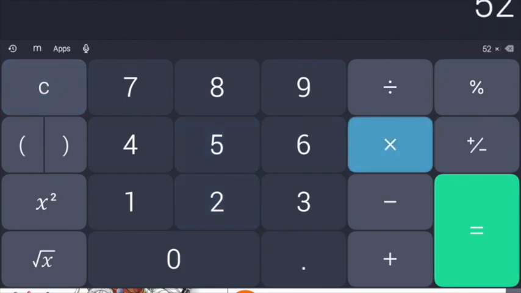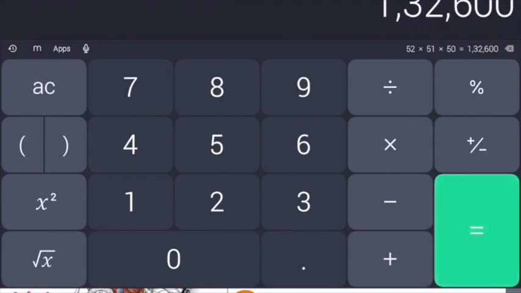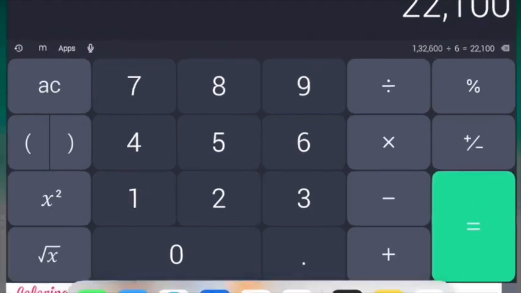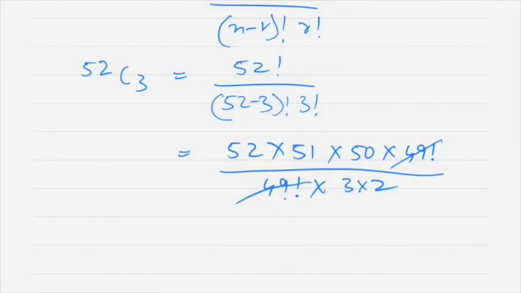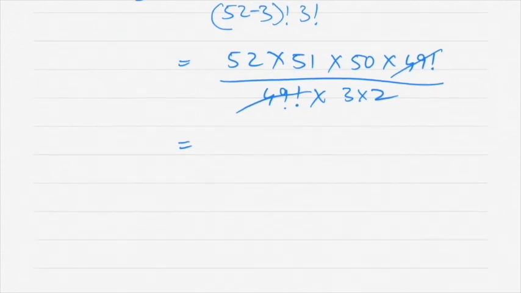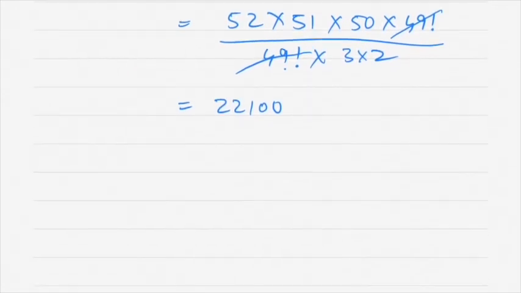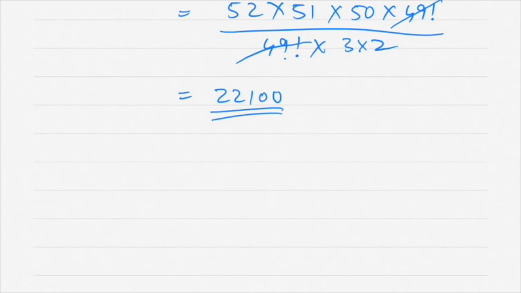Yeah, just a second. 52 into 51 into 50 divided by 6 is 22,100. So this is our sample space.